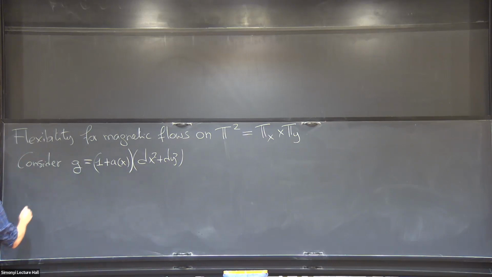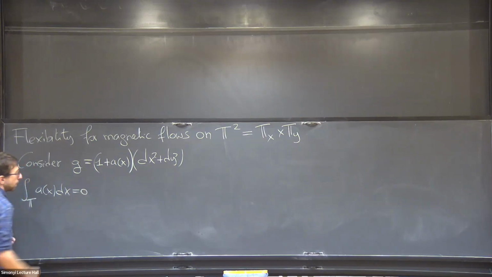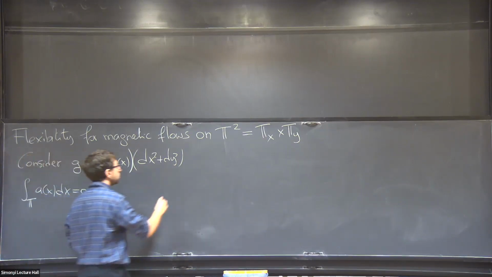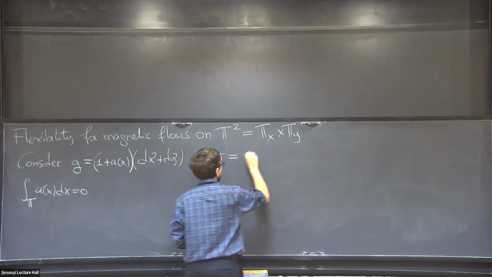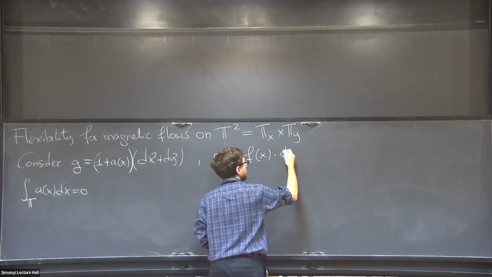Okay, I write this in this way because I want to make some normalization. And if I write it like this, I can make the normalization that A(X) has 0 average. Otherwise, it's just a conformal factor which just depends on X. And then my magnetic form sigma will also be just depending on X by a function F, times the area form.